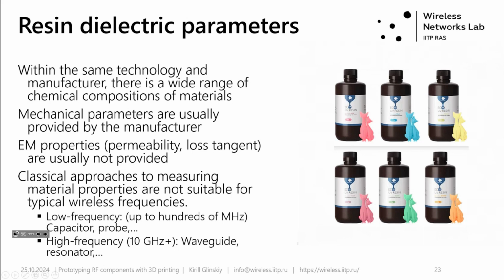Those are the waveguide based or resonator based ones, where the 3D printed part is either placed into a waveguide or its resonant properties are measured in a way similar to the probe.